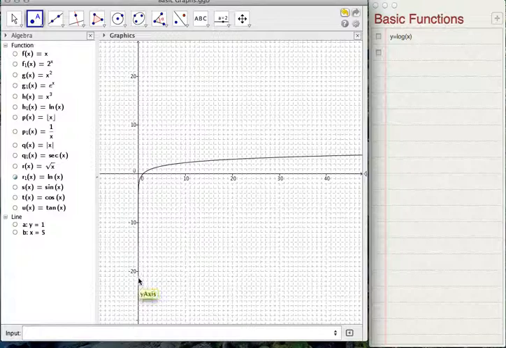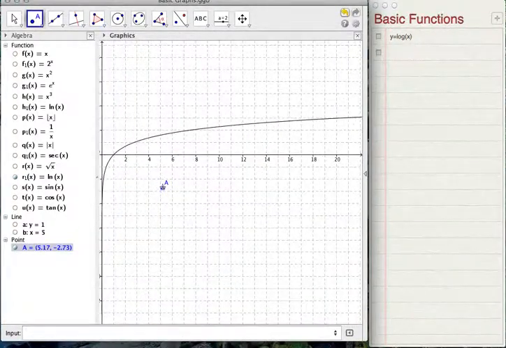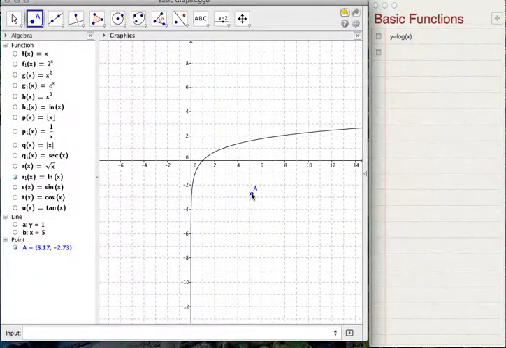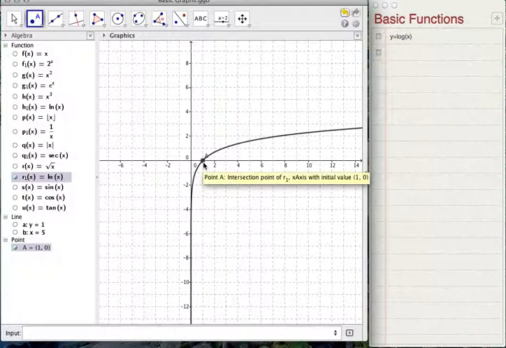It grows from negative infinity, just skyrockets up, and by the time you've gone from 0 to 1, you've gotten through every single negative number. And now here's definitely a key point, and that is the point (1, 0).